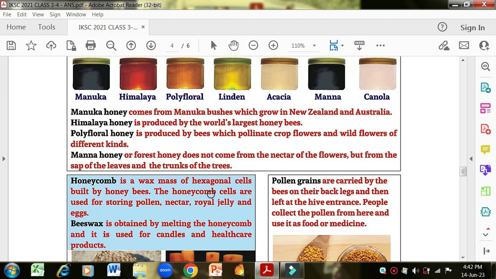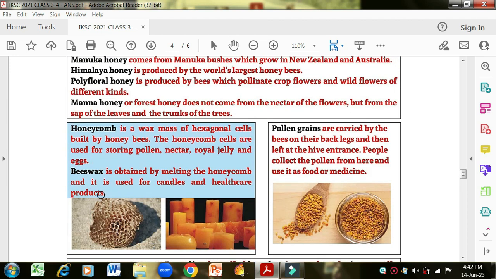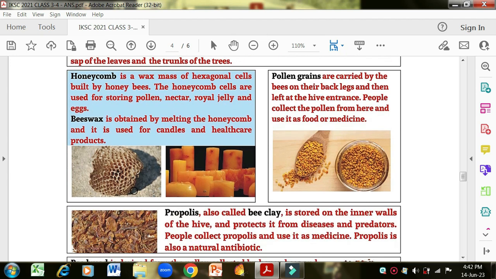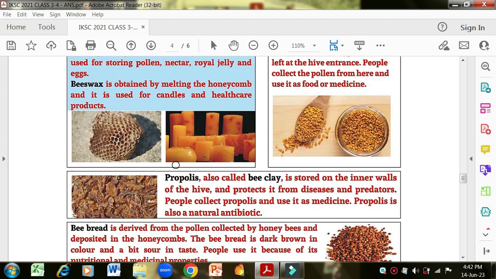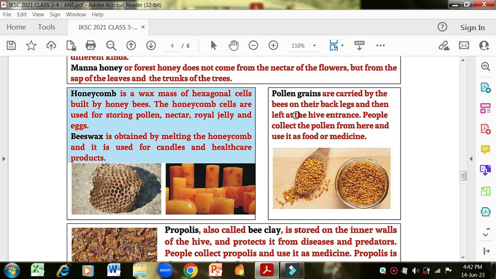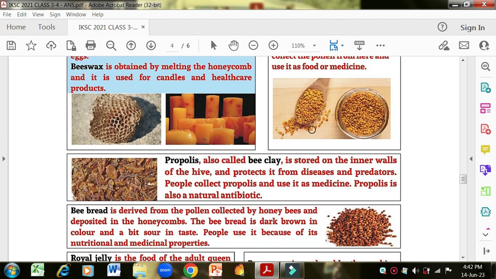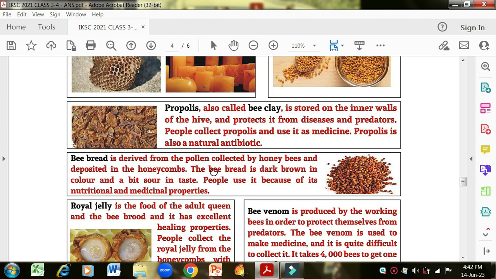Then honeycomb, we have studied that it is used for making candles, and beeswax is produced by melting it. Then we have studied about the pollen grains, it is used for medicine. Then propolis, bee clay, it is also used in medicine. Bee bread is derived from the pollen collected by honeybees and deposited in the honeycomb.